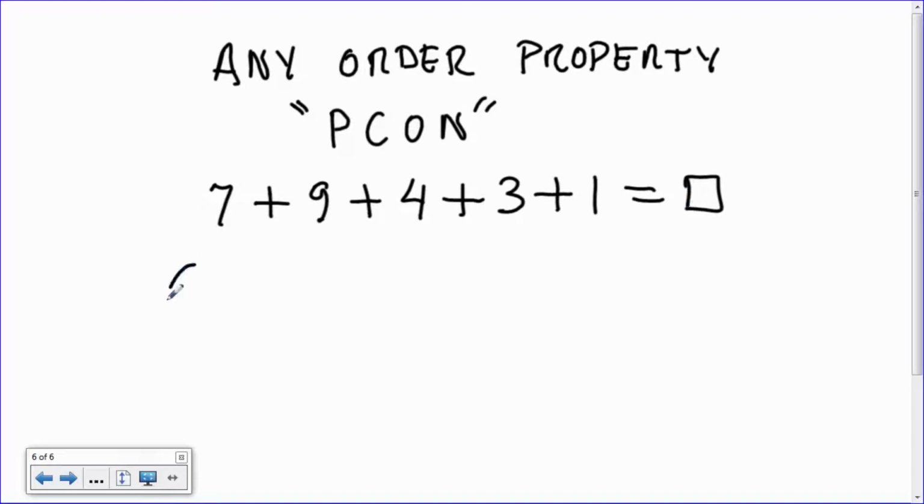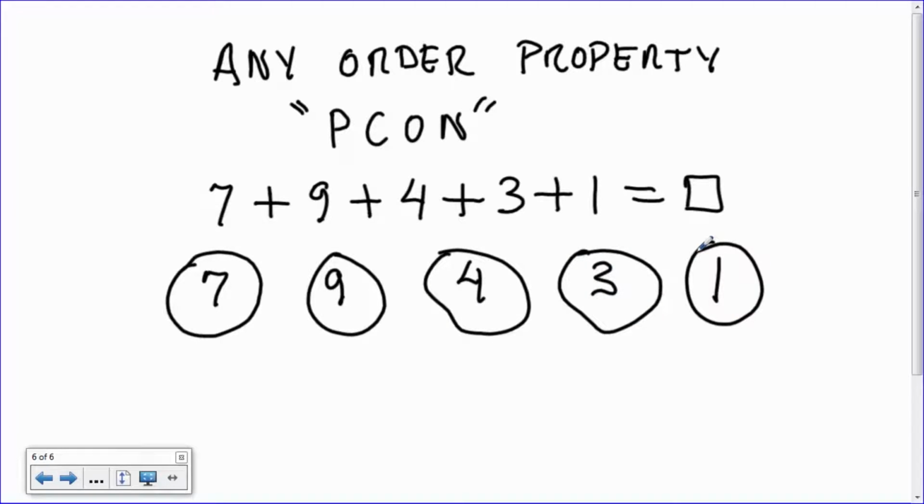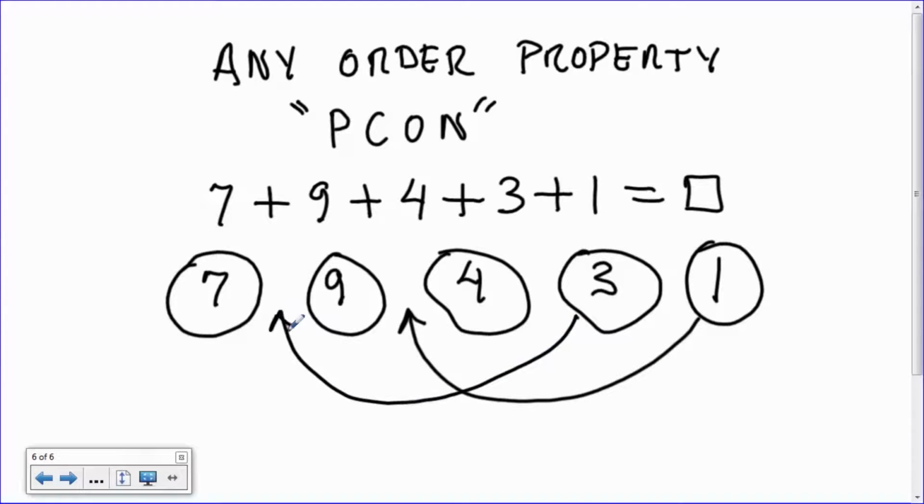If I had 7 objects in this set and 9 objects in this set, 4 objects in this set, 3 objects in this set, and just 1 object in this 5th set, then no matter how I arrange those groups, I could put this group over here and slide it between the second and third group, and I could take the group of 3 objects over here and slide it in between the first and second group.